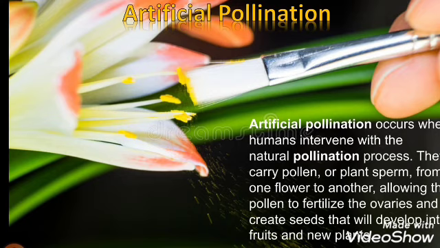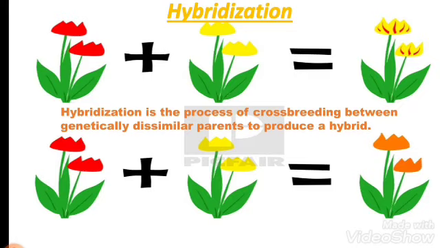In this process, different varieties of plants are selected, and artificial pollination is done by cross breeding. This process is known as hybridization, and the new variety formed is a hybrid.